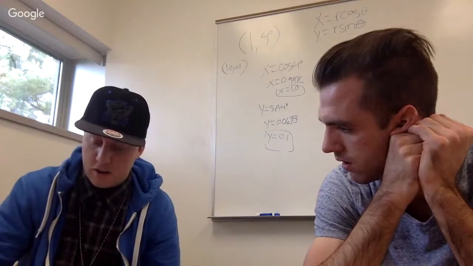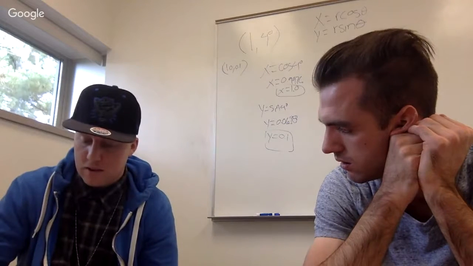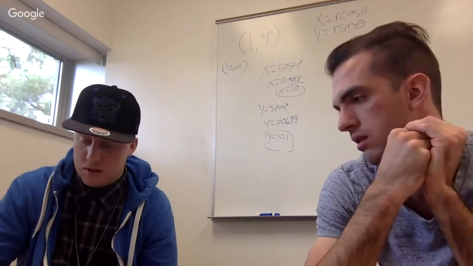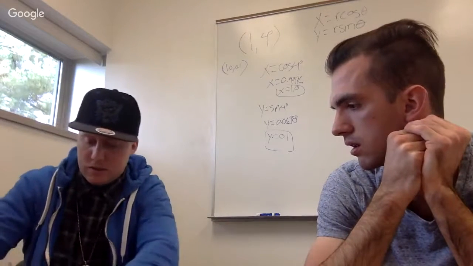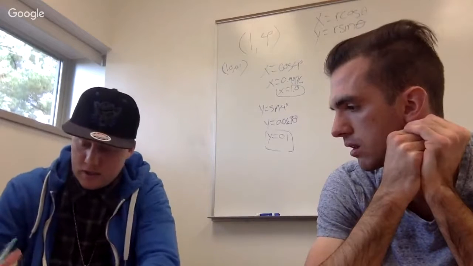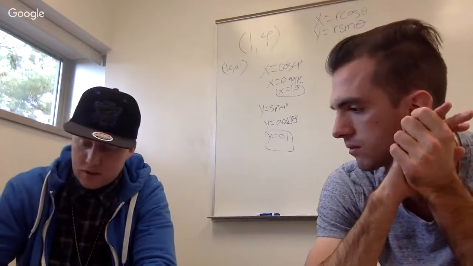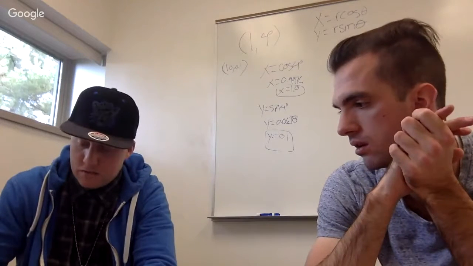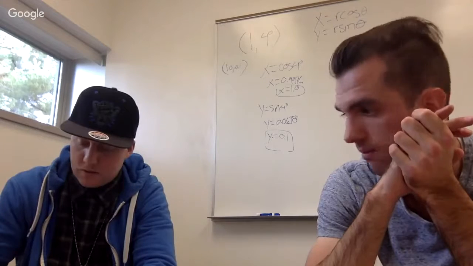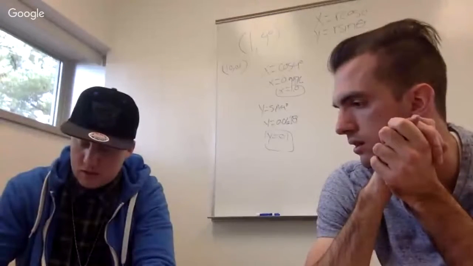The equation's A squared equals A squared plus B squared minus 2. But in this case, it will be B squared and C squared, minus 2BC cosine theta, right?